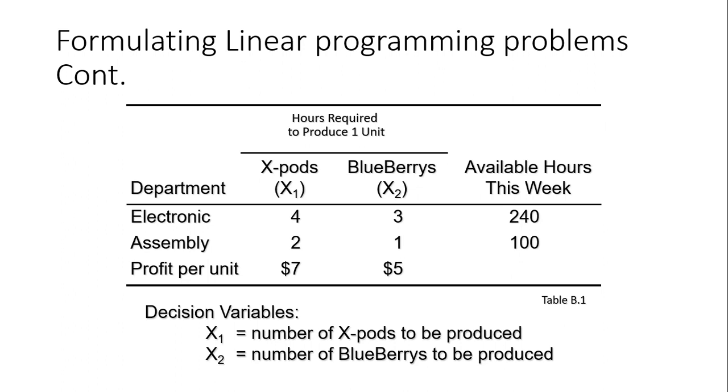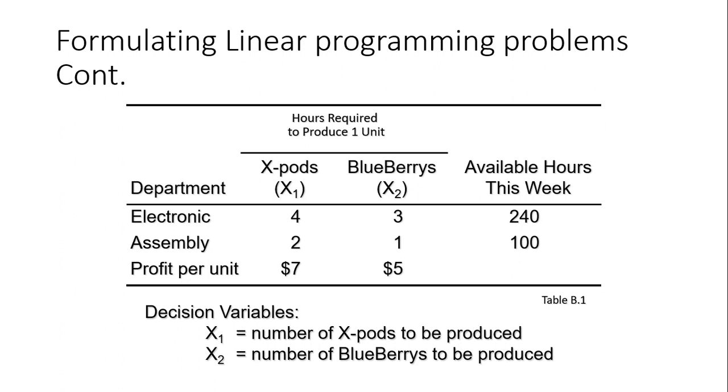The constraints here are 240 hours and 100 hours, which means that the hours used to produce X1 and X2 must be less than or equal to 240. You cannot use more than 240 hours.